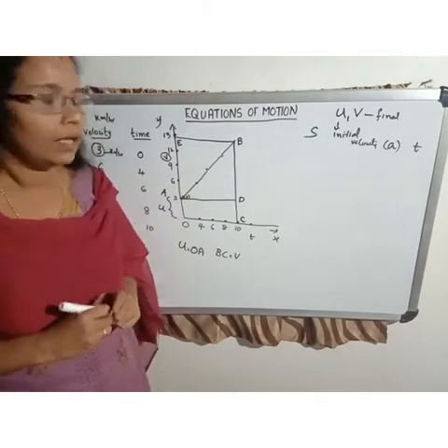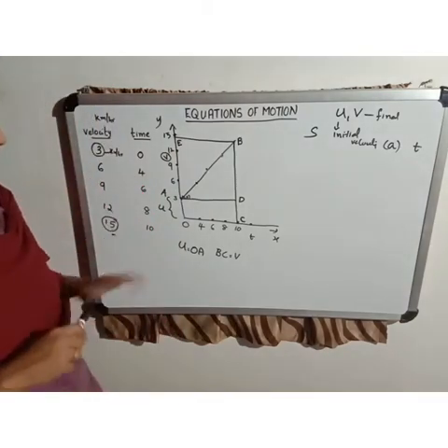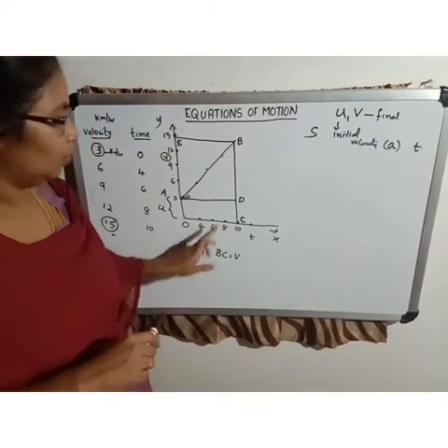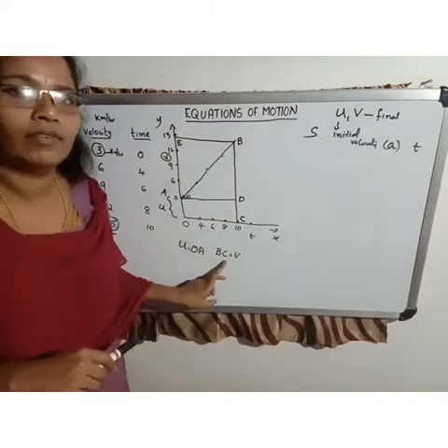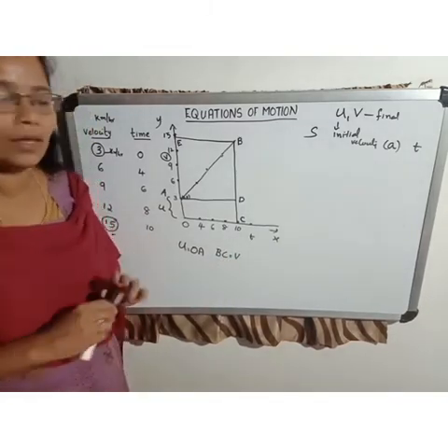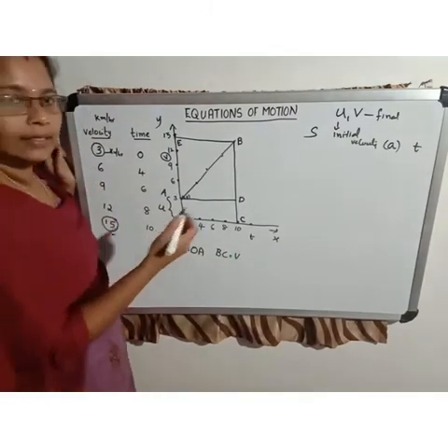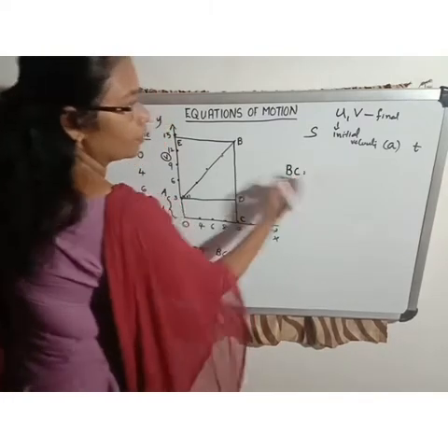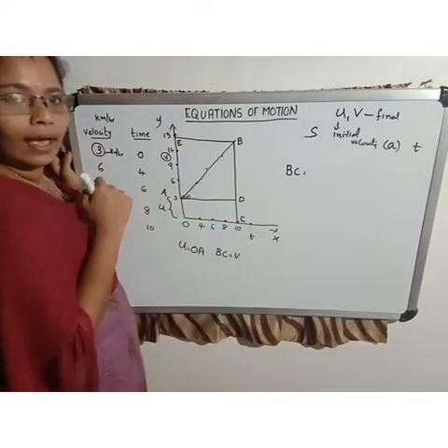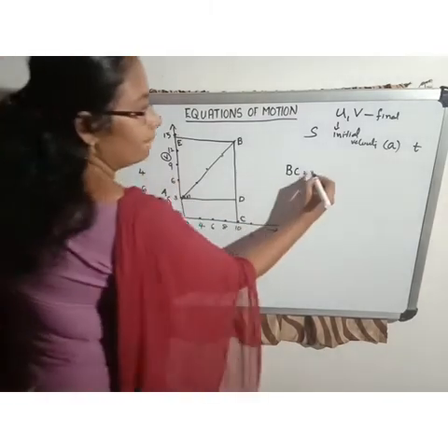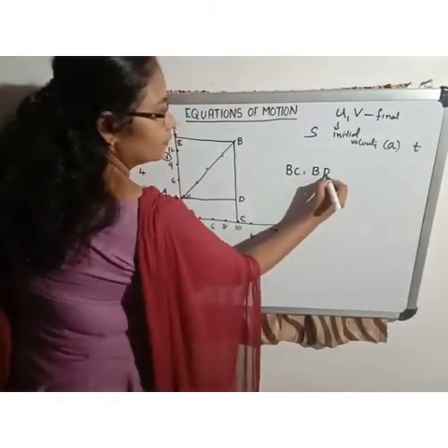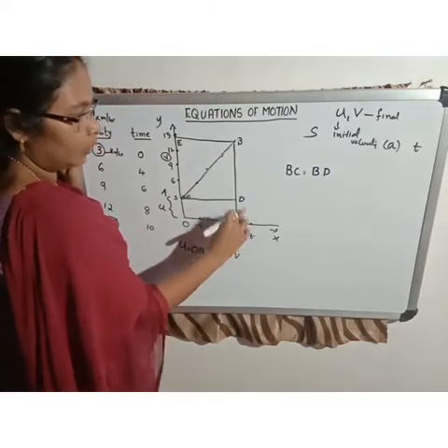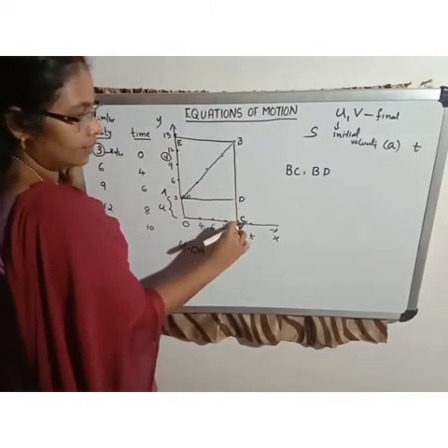Now I think it's clear to you. OA is the initial velocity, which is U, and BC is the final velocity, which is V here. Now I am going to write like this. I can write the whole length BC as BD plus DC.